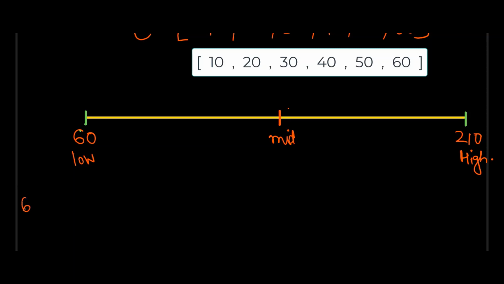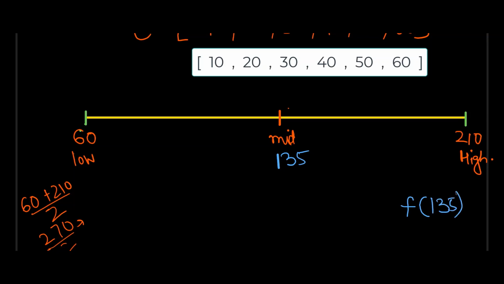Now the mid will be 60 plus 210 divided by 2, which is roughly 270 divided by 2, 135. So I'll take a function where I assign this mid value, which will tell us how many painters we require to paint this entire board in B units of time.